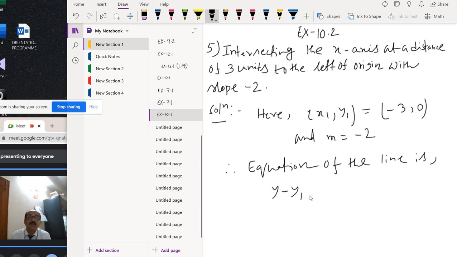y minus y1 is equal to m into x minus x1. So y minus y1 means 0, and m is minus 2, x minus x1 is x minus minus 3, minus minus plus 3.